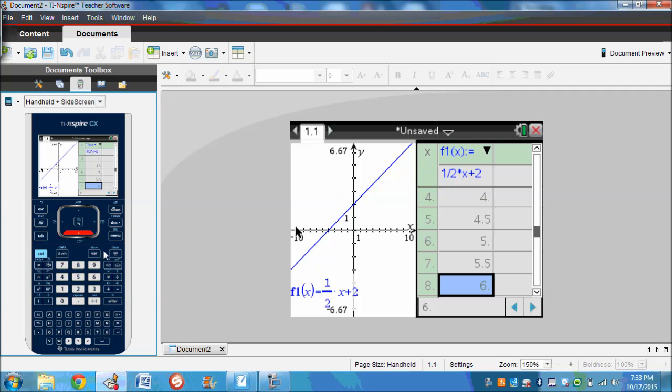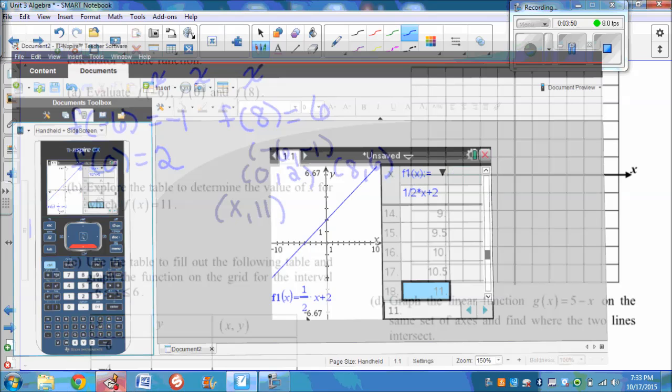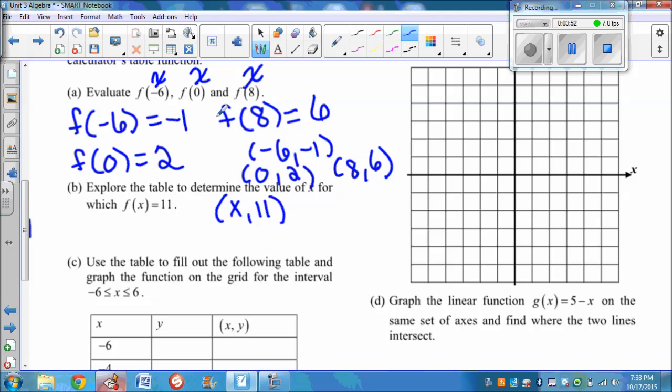So again, continue to navigate through that table, but now we're concentrating on the y list. And you can see that a y, or that output of 11, came from an input, or an x value of 18. So this point would be 18, 11.